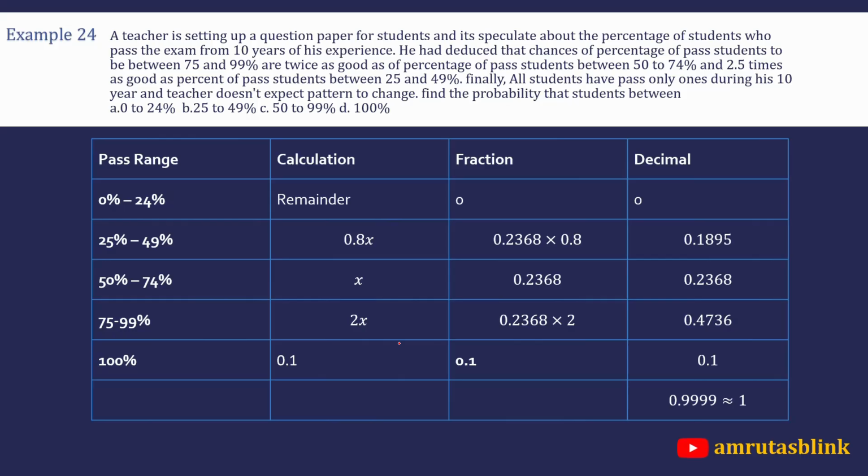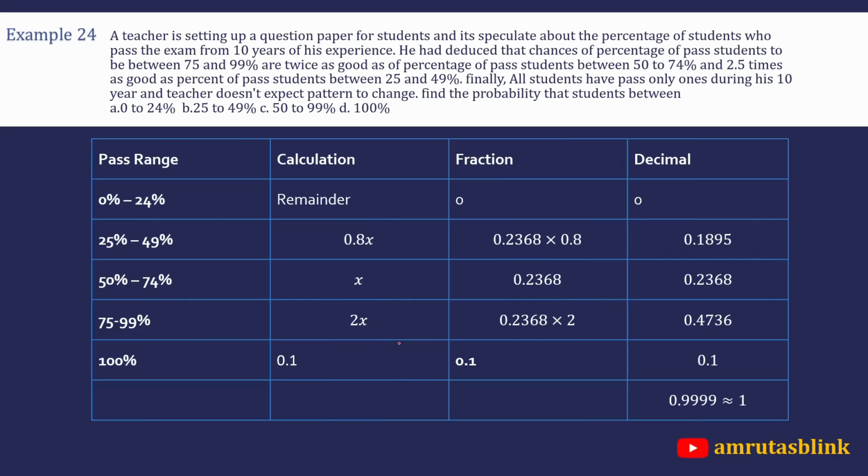So let's say we will create a table. For 0 to 24%, it's not given, so we will just write 0. Now the 50 to 74% probability is x. We had assumed that as x, so the required probability is 0.2368.